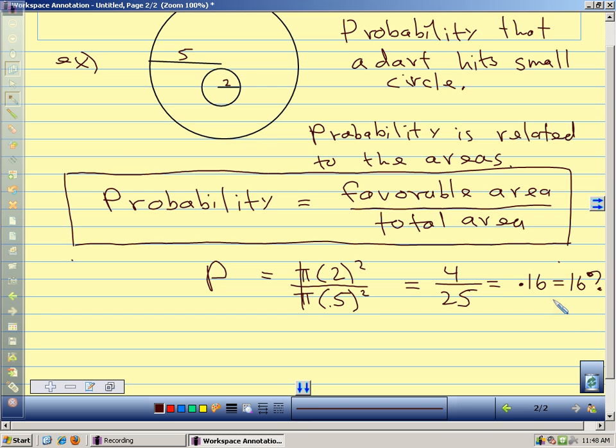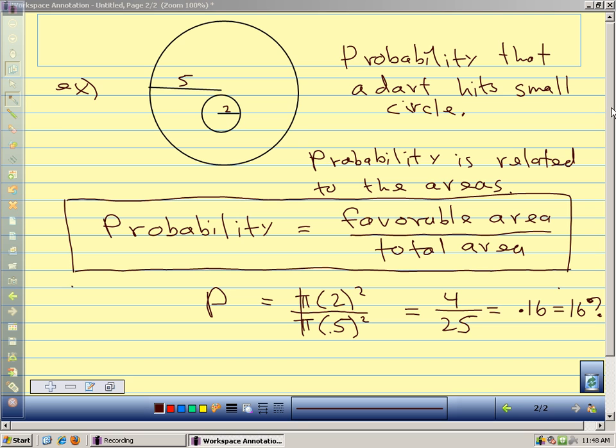So if we threw a dart at this round target, there's a 16% chance that the dart would hit the small circle. That's another way of saying that that small circle is 16% of the area of the large circle. We're just comparing their areas. Any questions on that?